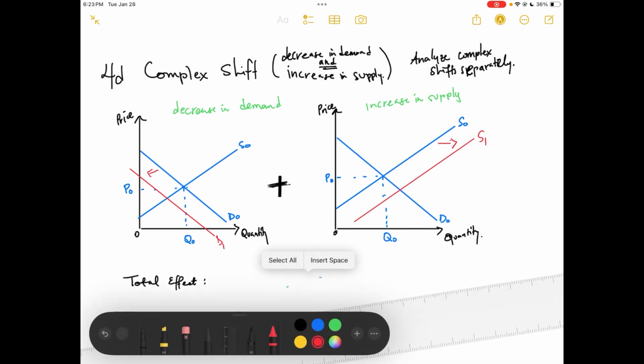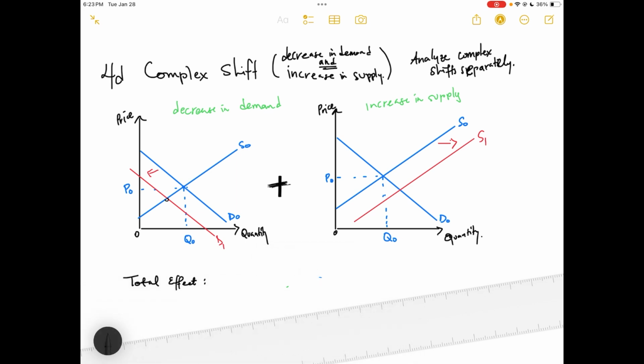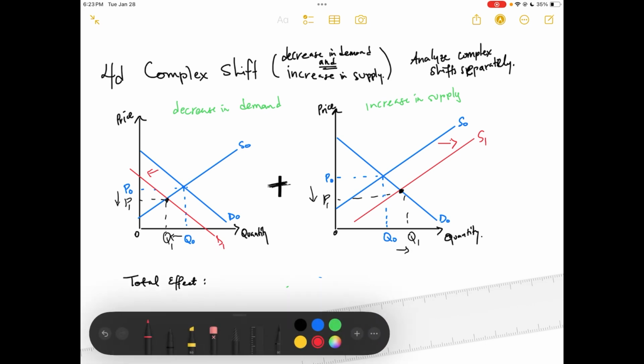Now we analyze the change in the equilibrium, and we see that our equilibrium price fell and our equilibrium quantity fell. Analyzing the increase in supply, we see our equilibrium price fell and our equilibrium quantity went up.